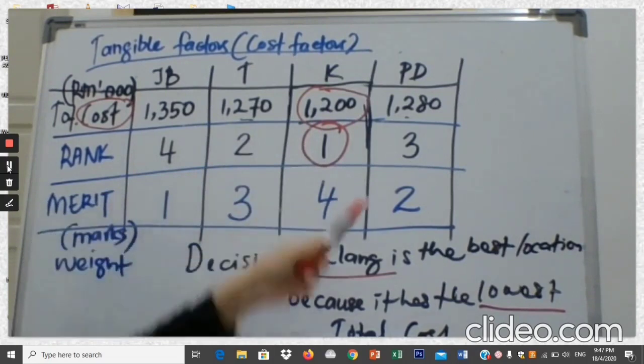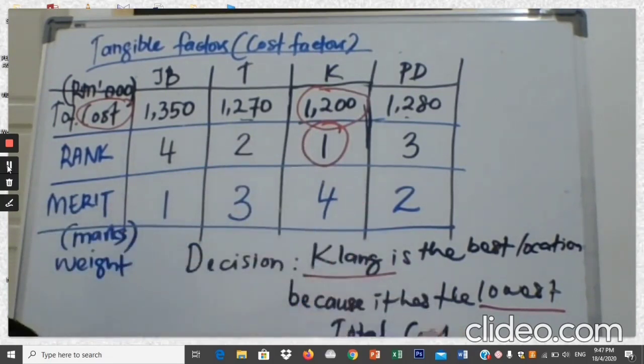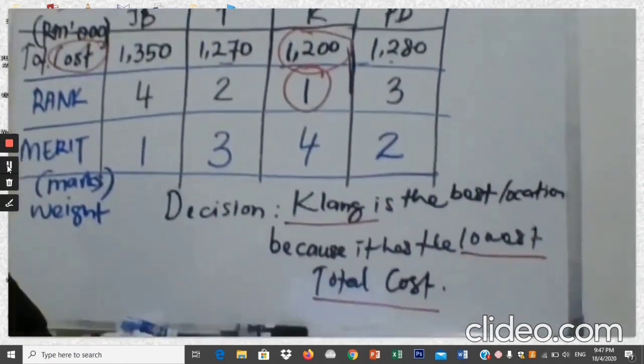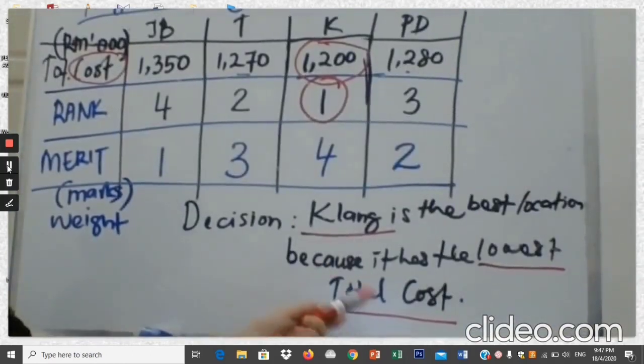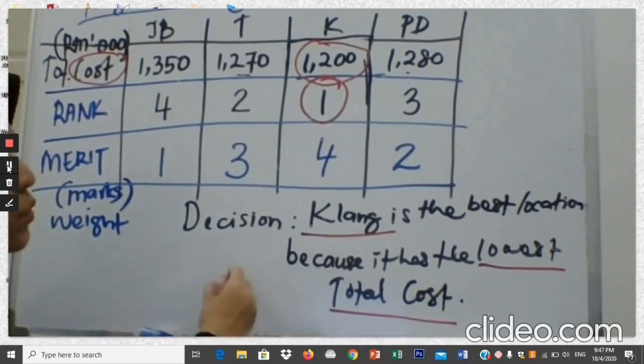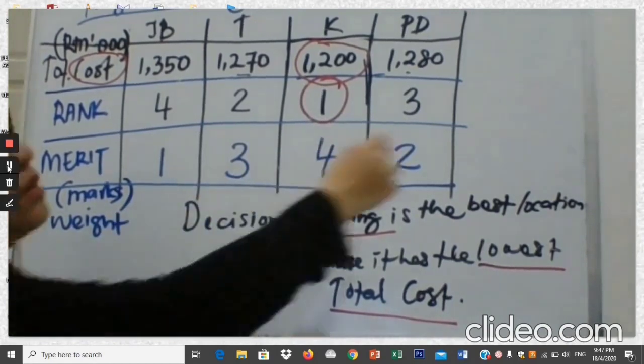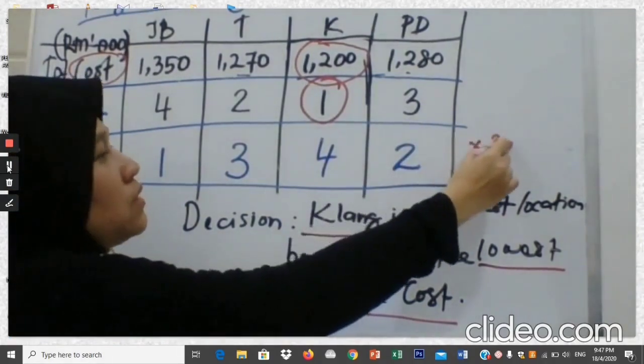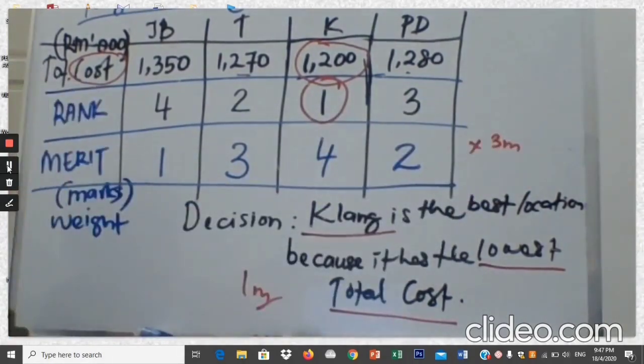Your decision will be: Klang is the best location because it has the lowest total cost. By mentioning the location together with the reason, normally you will be given 1 mark for the decision. This question will be worth about 3 to 4 marks. Okay, so that's all.